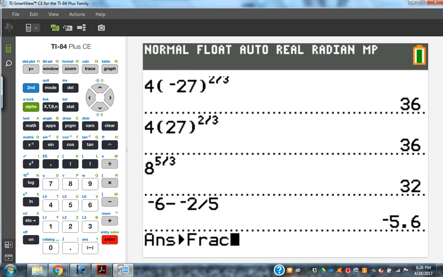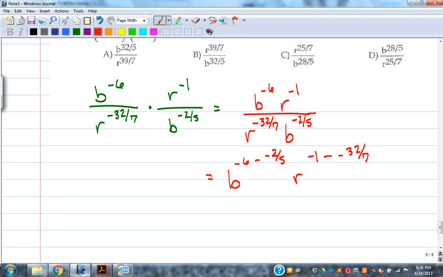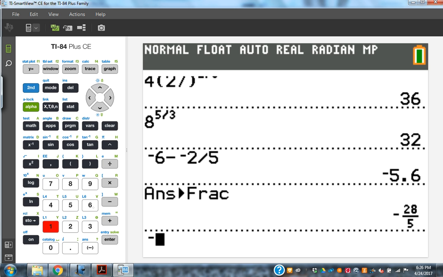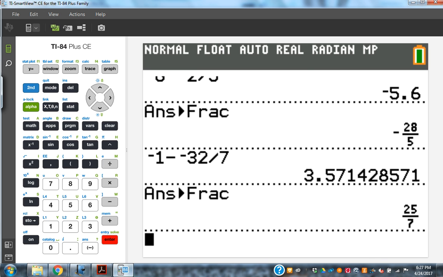Math, enter. Negative 28 over 5. That's what's on B. Then the r's, negative 1 minus negative 32 over 7. That's a really ugly decimal, so I'm going to make it a fraction. It can be a really ugly fraction of 25 over 7.